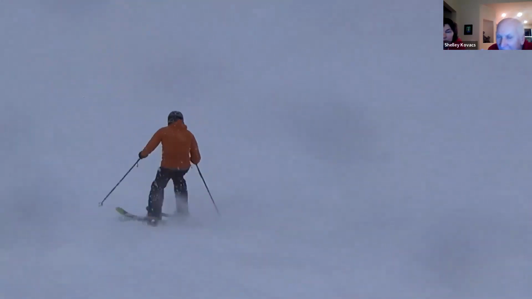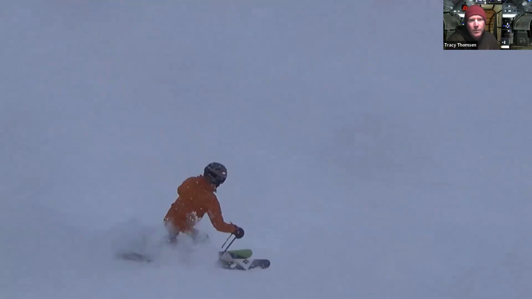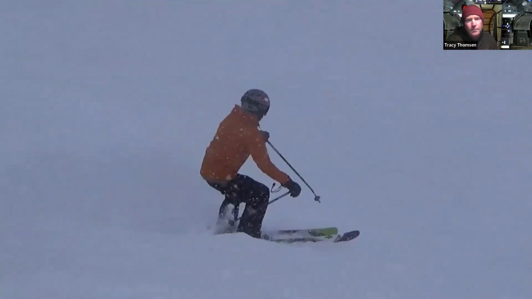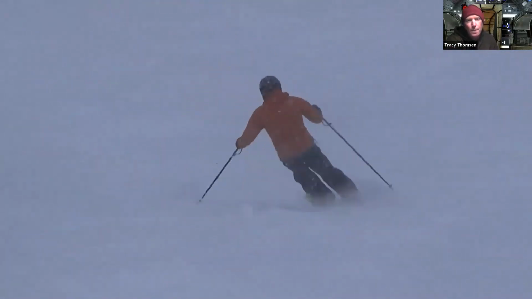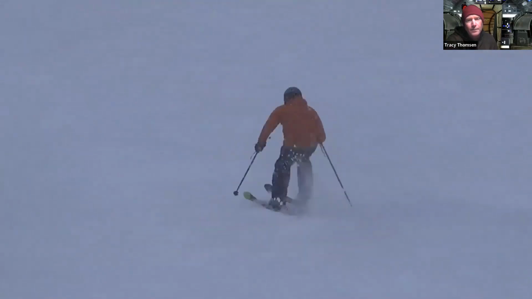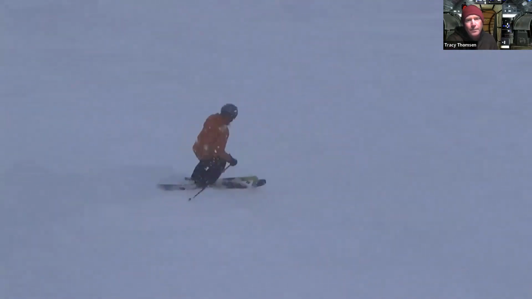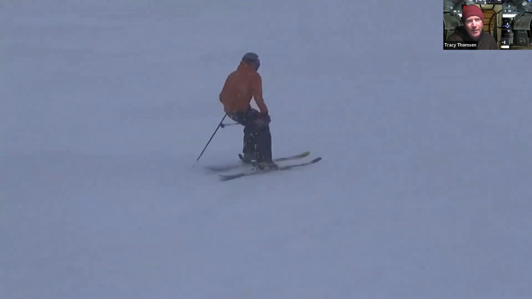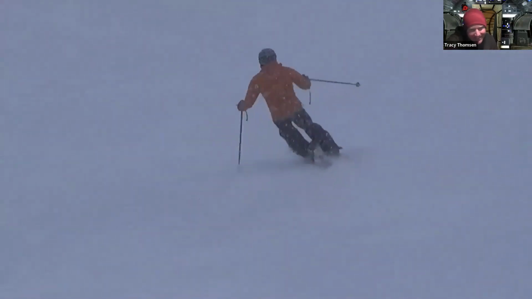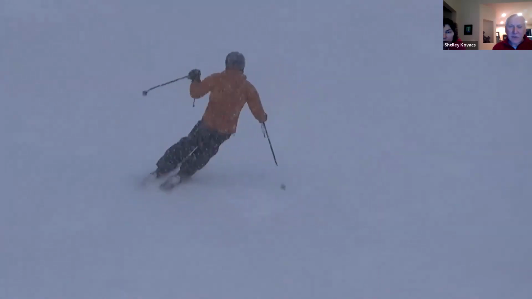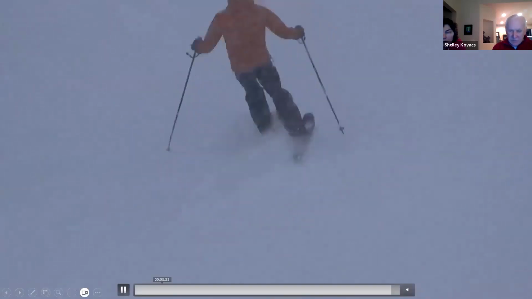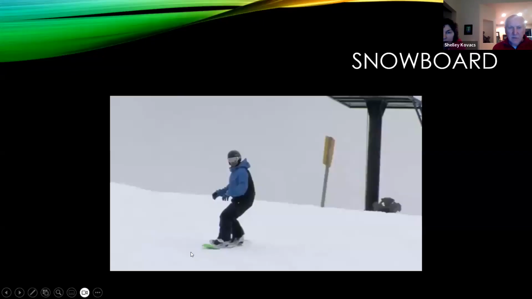Tracy, you have a stop where there's a vertical shin. Let me get him closer in. Slow motion takes forever. Yeah, one of the upper ones, not what I wanted. Let's go back.